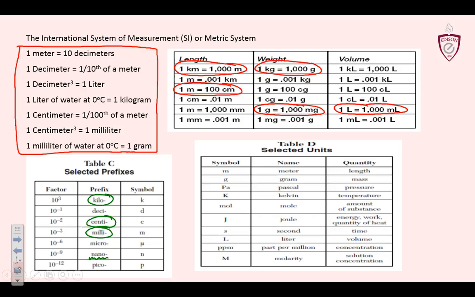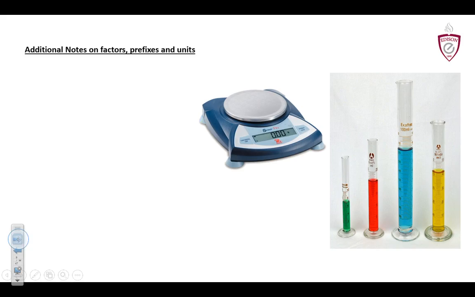Last thing, Table D, very important to know the symbols, names, and quantity that the common units measure. We're going to have to address all of those this year at some point. We're familiar with meters, grams, and liters, and seconds at the moment. So let's move on and take a couple additional notes on the factors, prefixes, and units of the metric system.